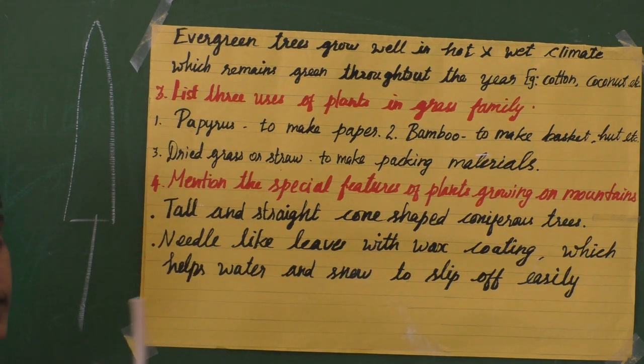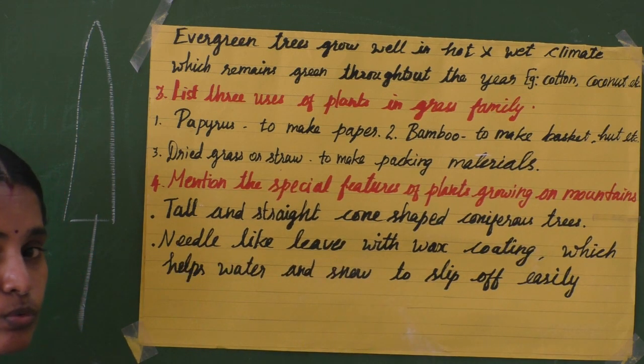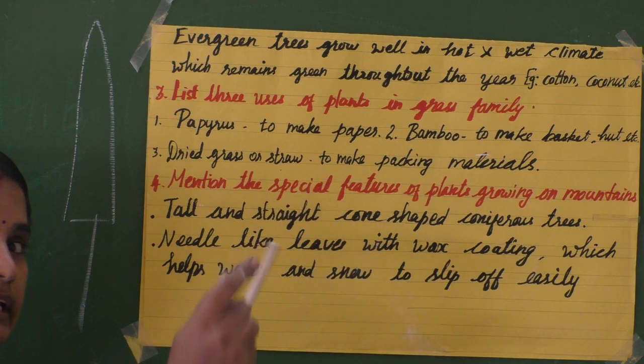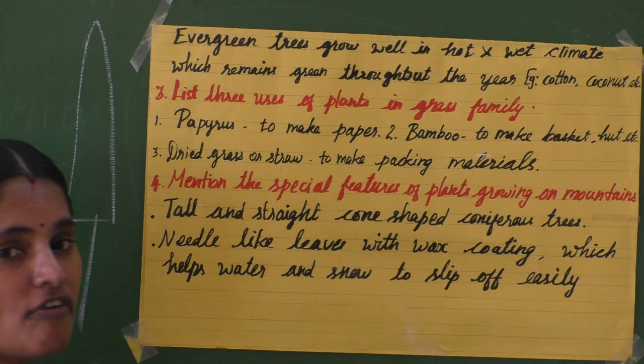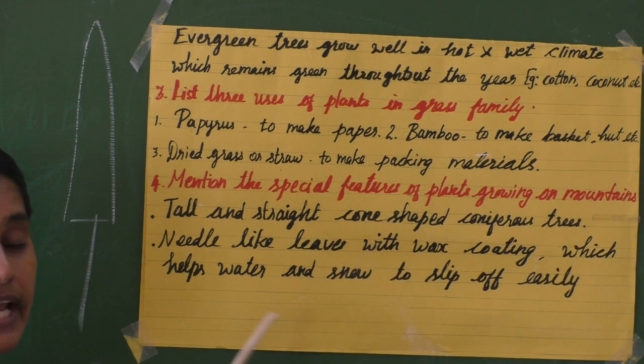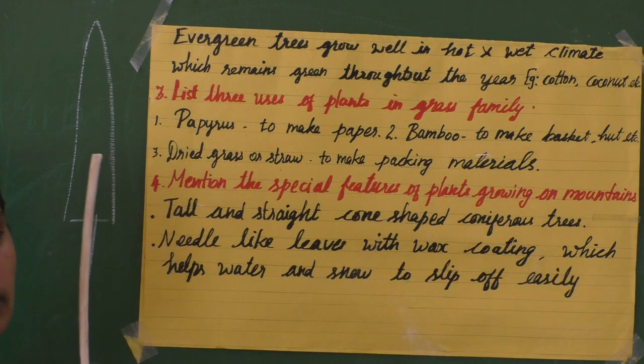Okay, that's why we call it as coniferous trees. Tall and straight, cone shaped trees. Then another one special character, needle like leaf. ஊசி மாதிரி leaves. Needle like leaves with wax coating, மெழுகு coating ஆயிருக்கும், which helps the leaf to slip off the water and snow easily.